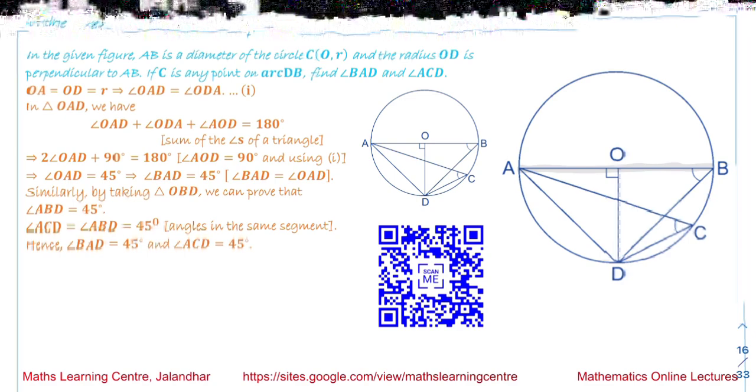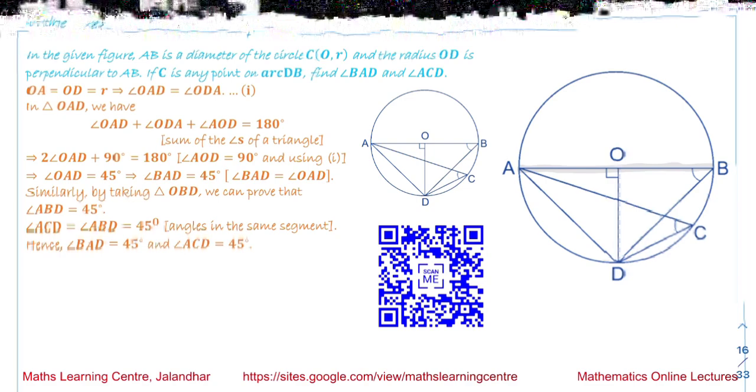To prove this, we first talk about this triangle OCD. This is an equilateral triangle, so the measure of all its angles will be 60 degrees.